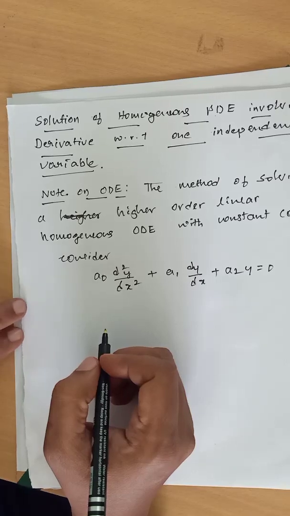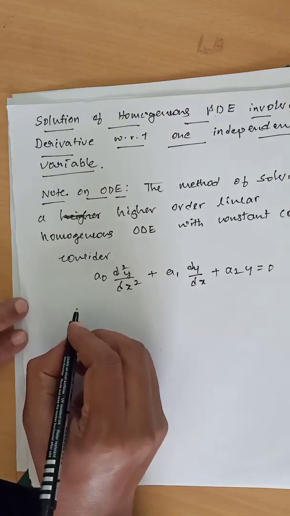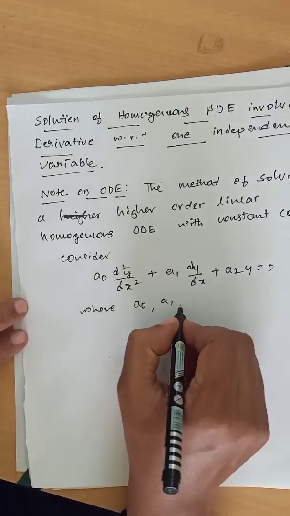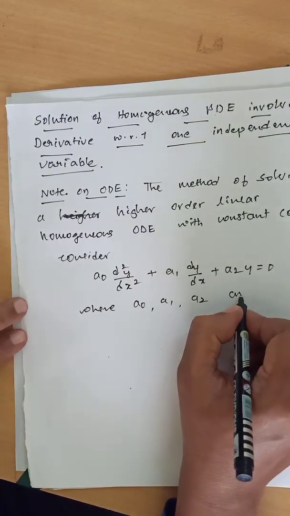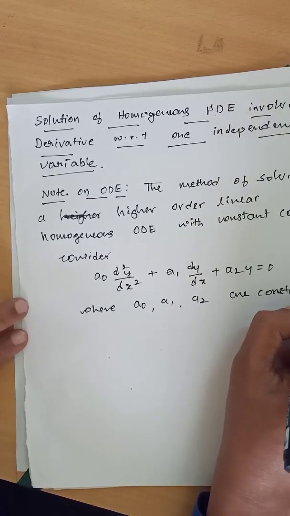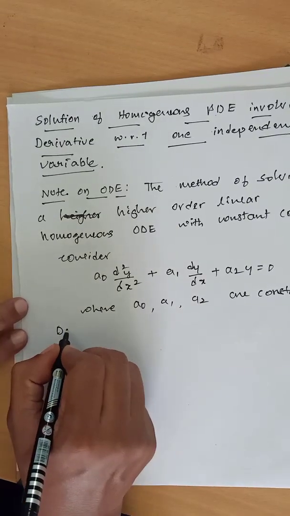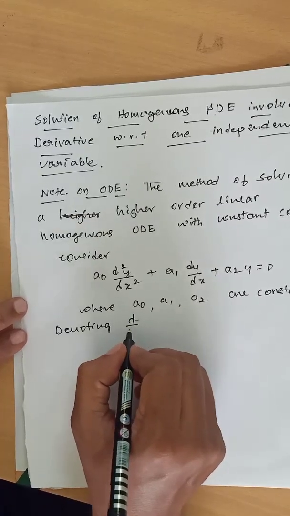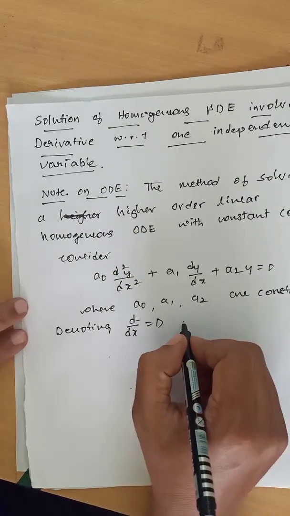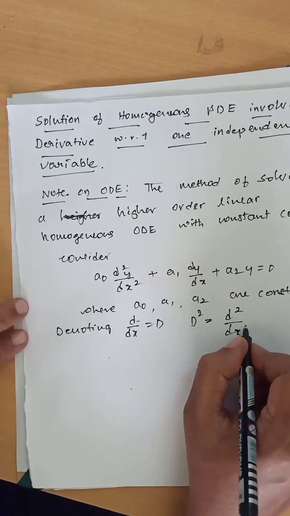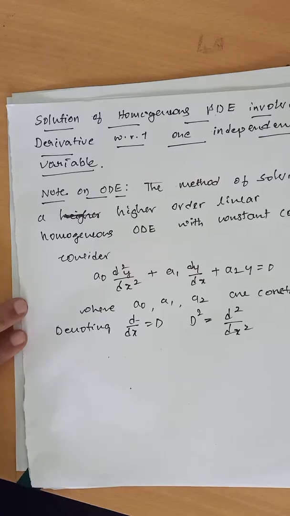To find the solution, where a0, a1, a2 are constants, we denote d by dx by capital letter D, d square means d square by dx square, the differential operator denoted by capital letter D.